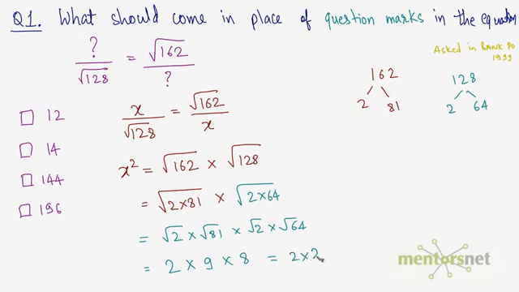So you have 2 times 72, which is equal to 144. Therefore, you have x square is equal to 144. And therefore, taking under root on both the sides of equal to, you have x equals root 144, which is equal to 12. So the answer is 12.